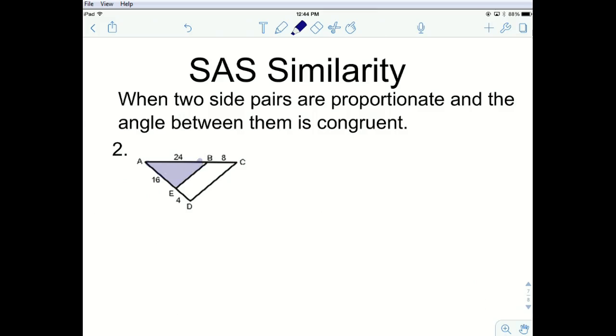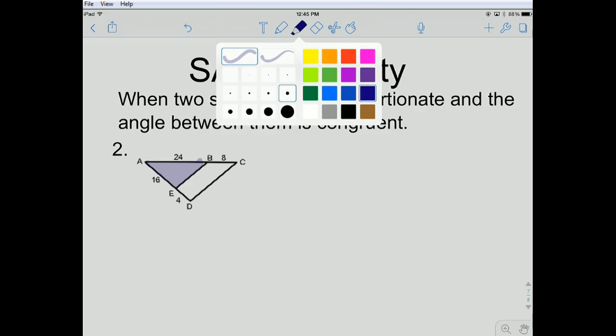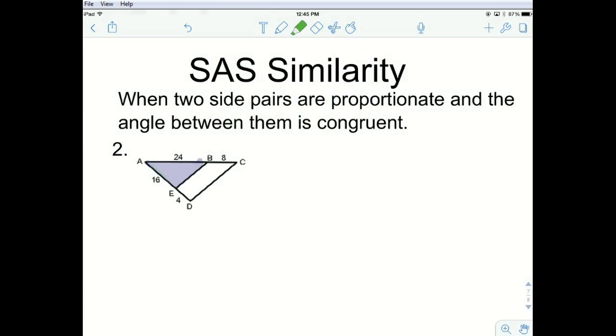And then on top of it, I've got the green triangle, which is going to be this one around the outside.